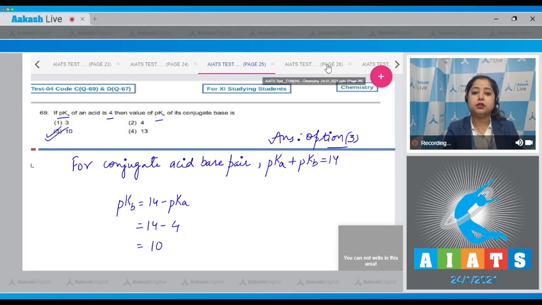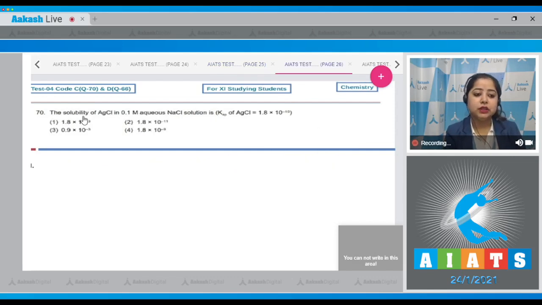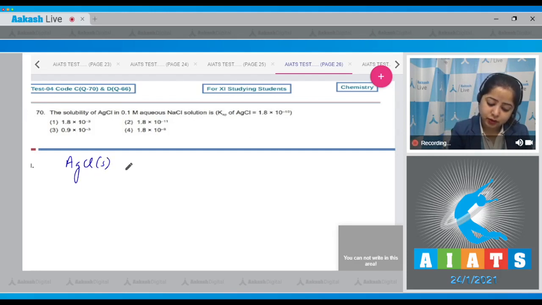Moving to next question, which is question number 70. Let's read it. The solubility of AgCl in 0.1 molar aqueous NaCl solution is. The Ksp of AgCl is 1.8 into 10 raised to the power minus 10. Student, we know that AgCl dissociates to give Ag+ ion and chloride ion.